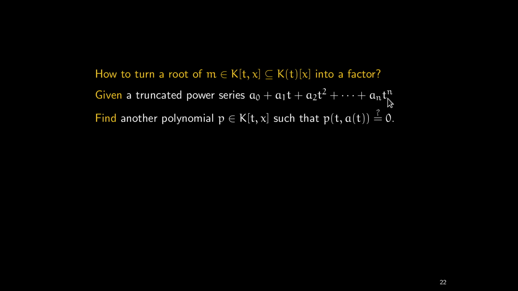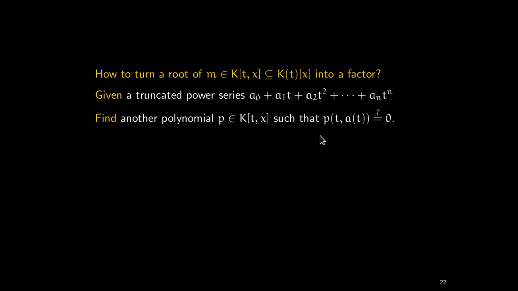And that means in reverse that when I apply this technique, I would have to ensure that the n is large compared to the degree of p with respect to t, and the degree of p will be related to the degree of t in m, and m is the input.